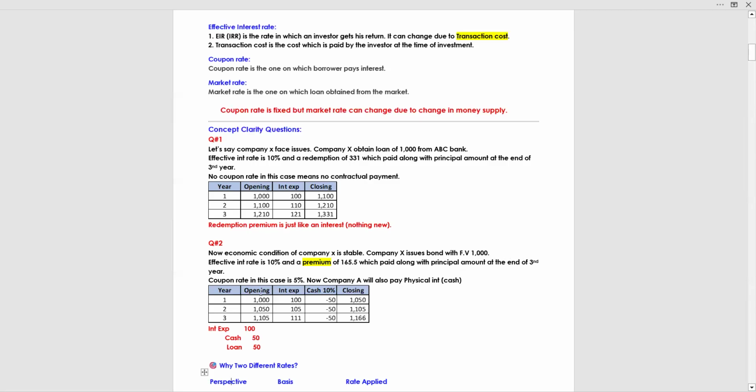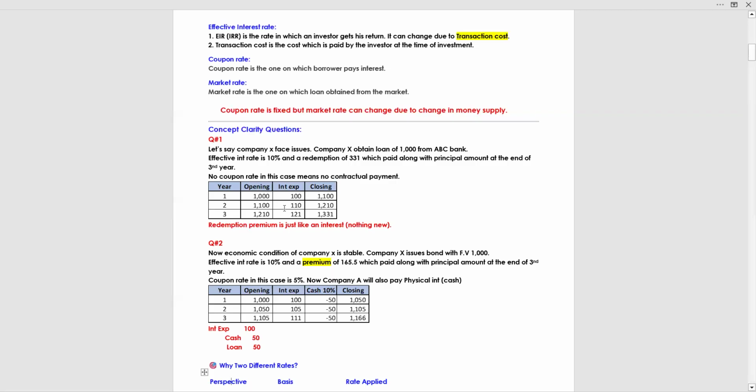Now in this case, company X is also paying a coupon interest. Coupon interest is the contractual obligation on which company X pays 5%. So it means company X will pay cash during the year. When company X pays the cash, their liability will reduce.